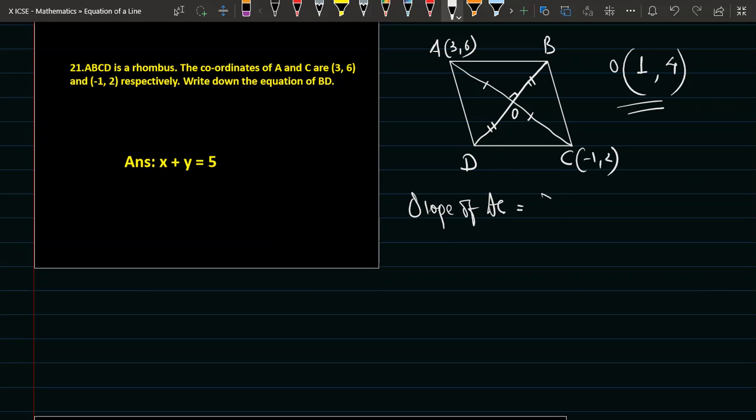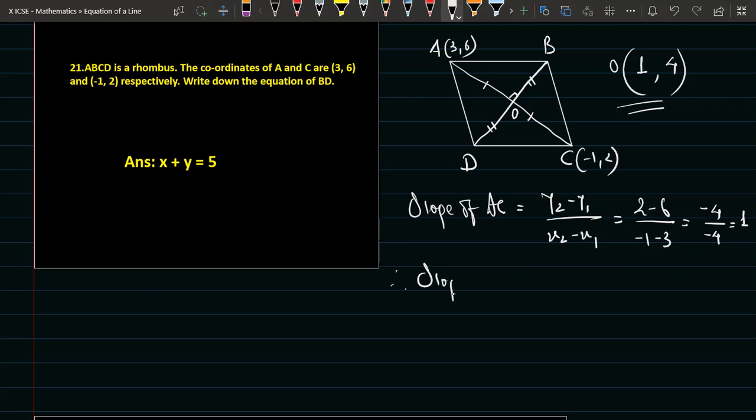Yes. y2 minus y1 upon x2 minus x1. 2 minus 6 upon minus 1 minus 3. This is minus 4 upon minus 4, which is 1. Slope of AC is 1.